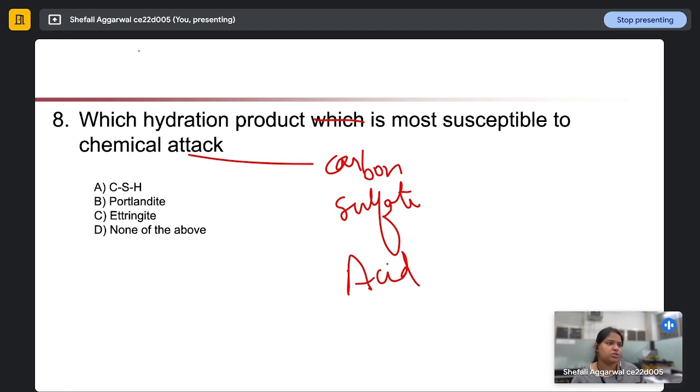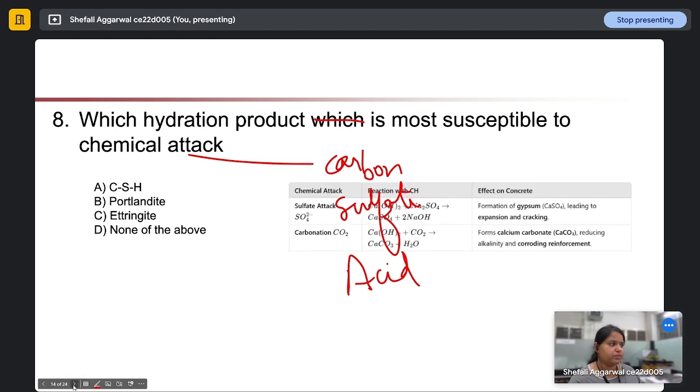Which of these three hydration products will be affected mostly? Mostly, it is always the Portlandite, or we can call it CH, calcium hydroxide.